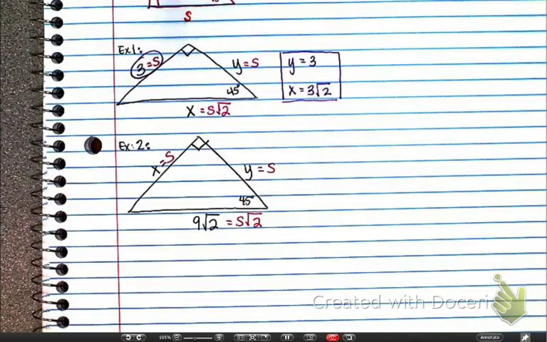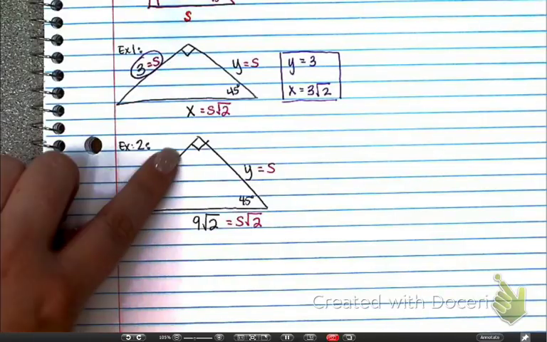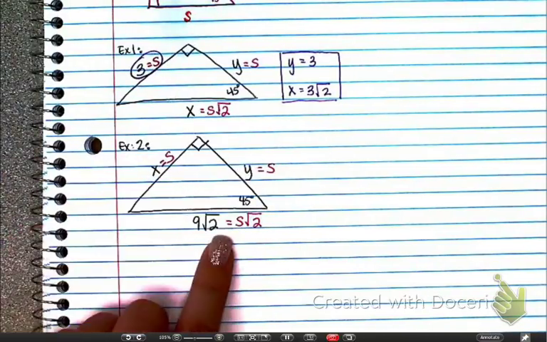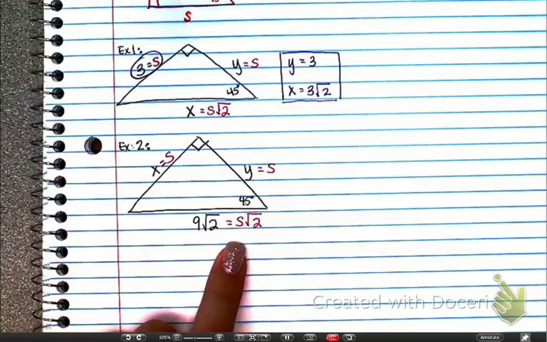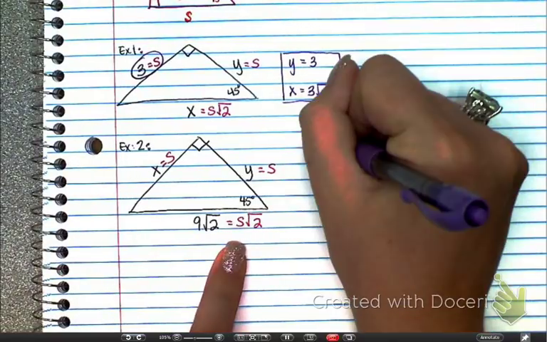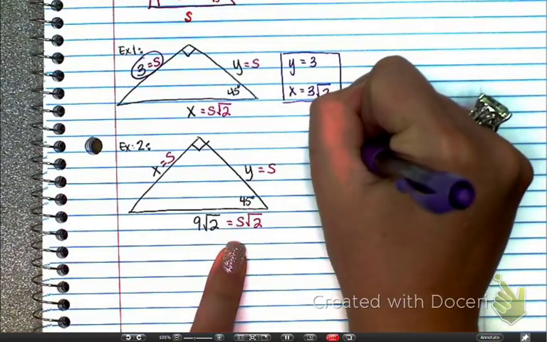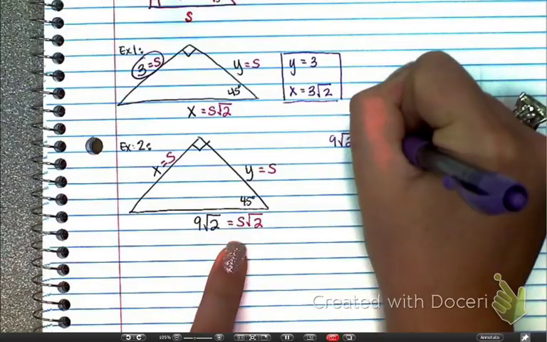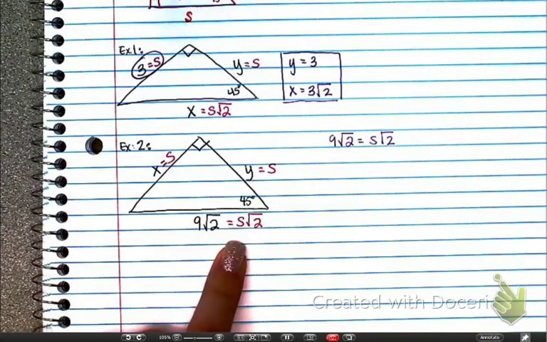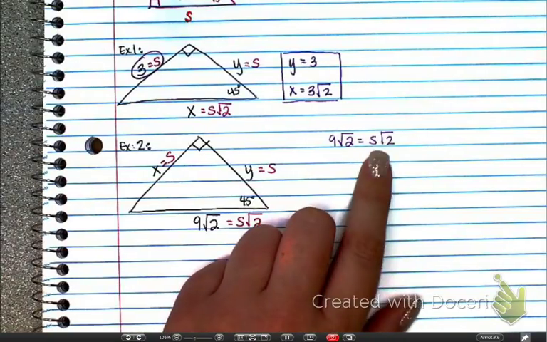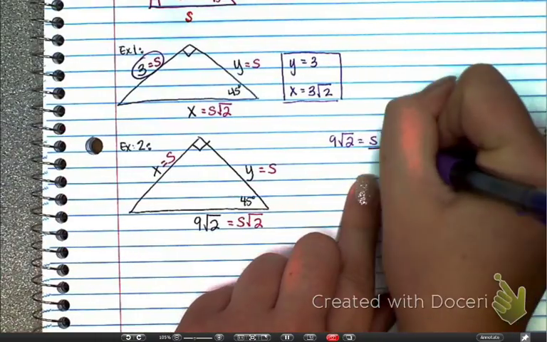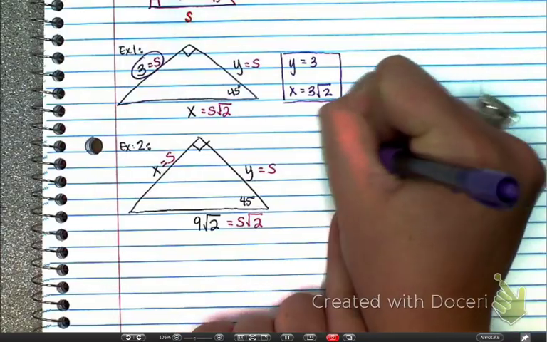Step 2 is to solve for S. So while these equal S, I don't have a value, so I need to use this one. Here's an equation that I have. So I'm going to write it over here real quick. So 9 radical 2 equals S radical 2. I need S by itself. So to get S by itself, I'm going to divide by radical 2.